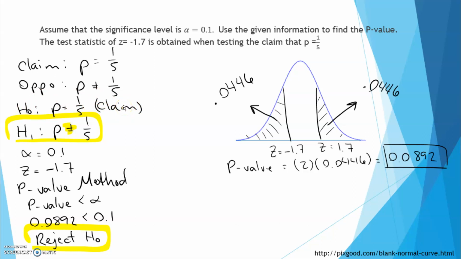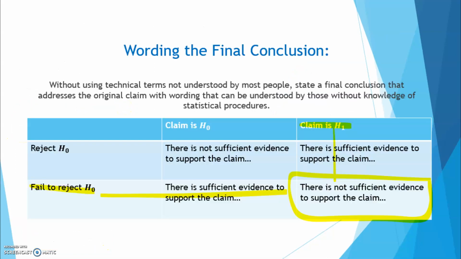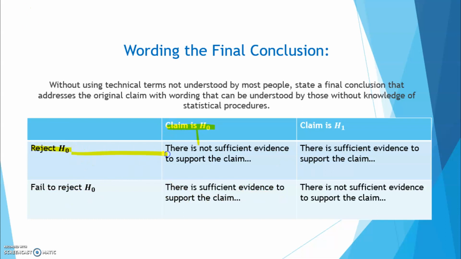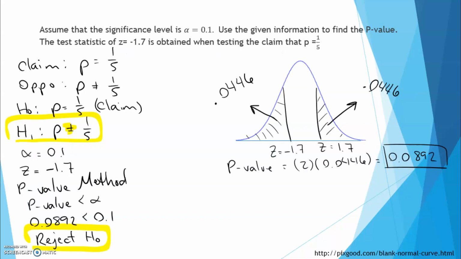Or you could come over here. So what we're doing now is we're going to reject H sub 0. The claim was H sub 0. So that's going to be right here. There is not sufficient evidence to support the claim. And that's what we'll write here.